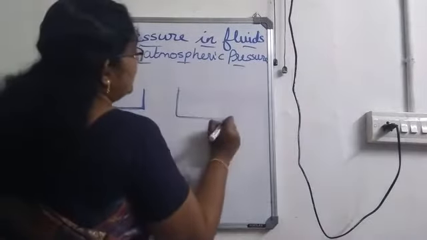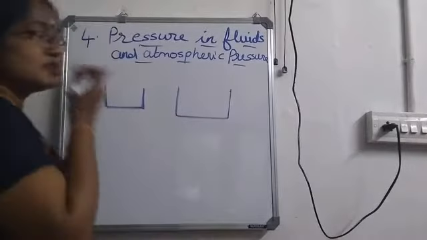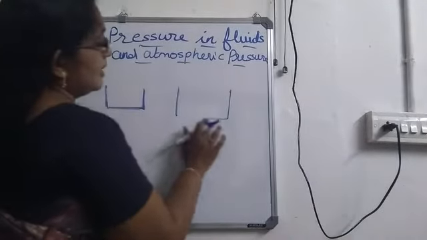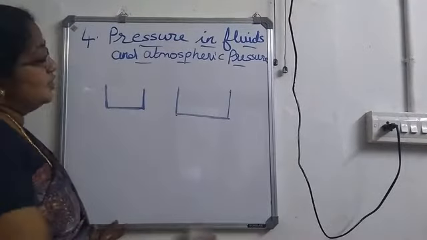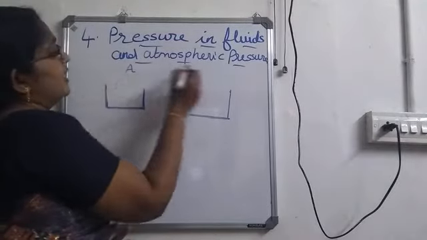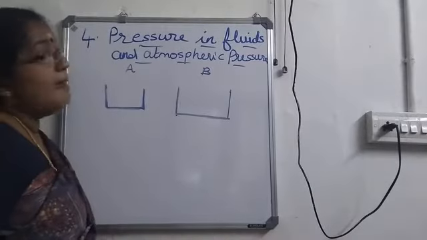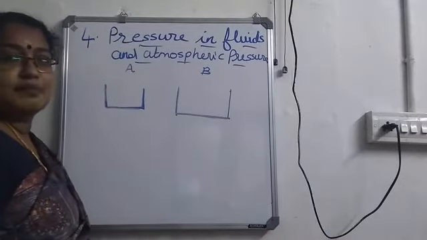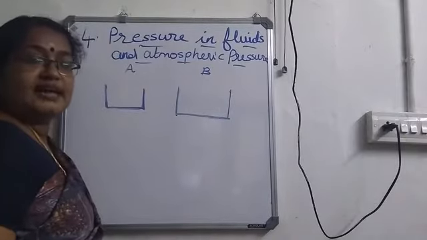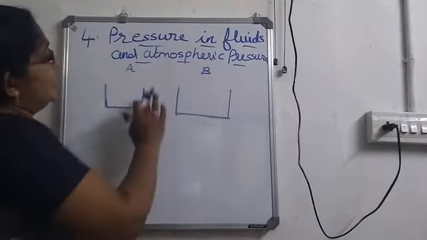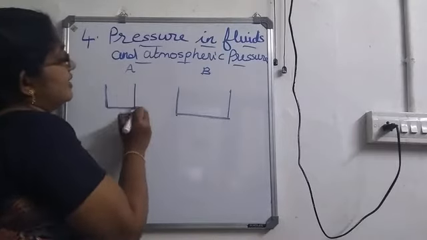All hydraulic machines consist of two cylinders. What about the size of these cylinders? Let this be cylinder A and this be cylinder B. One cylinder will always be bigger than the first one. Area of cylinder B is more than area of cylinder A.